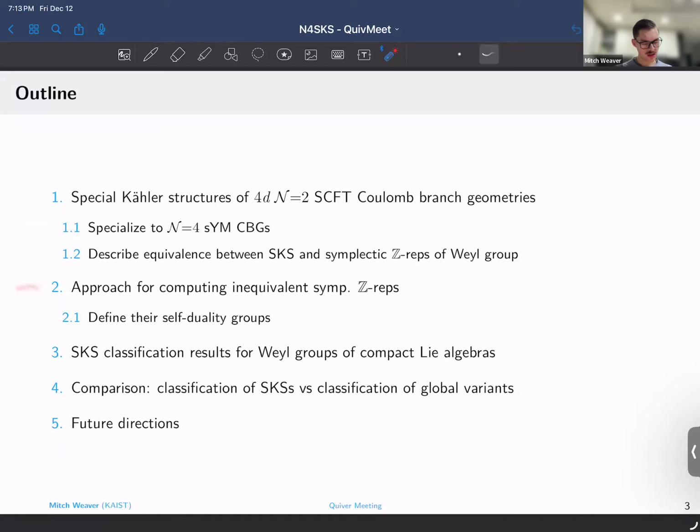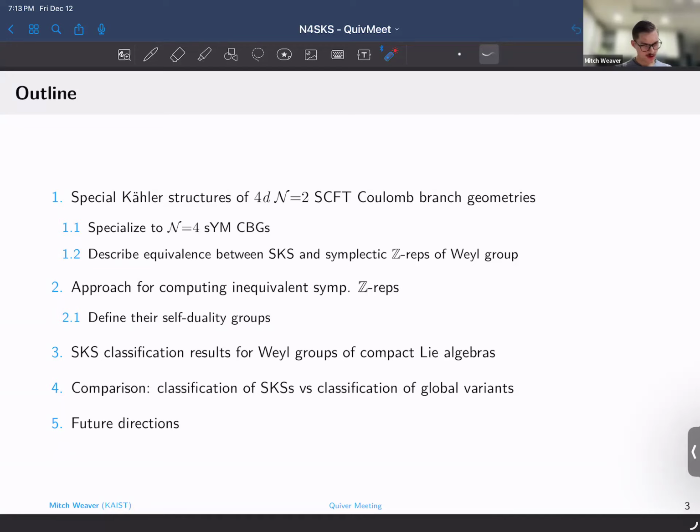And then I'll try to describe the algorithm and our general approaches for computing these inequivalent symplectic reps. And in the process, we'll define what one means by their self-duality group.